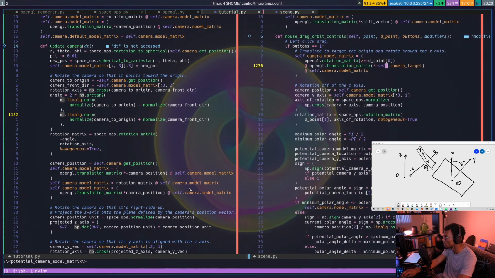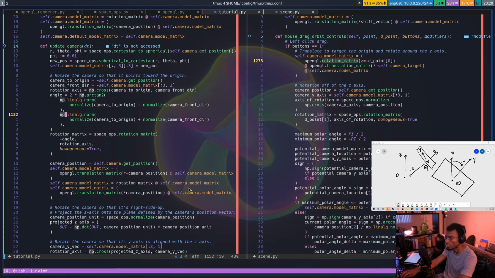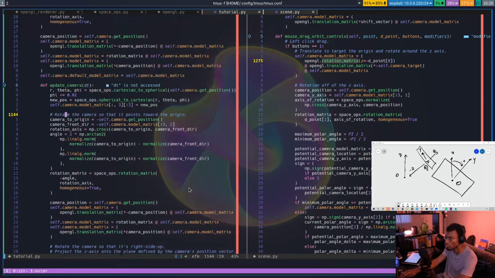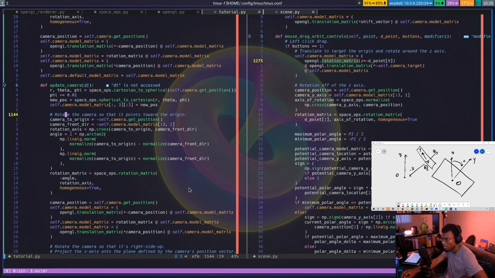So here, translate to the origin. Oh, here I'm recreating the model matrix on each frame, rather than multiplying it to update it. Can I do that? Rotate the camera so that it points toward the origin. So rather than rotating the camera, I can just get the matrix which would point it toward the origin.